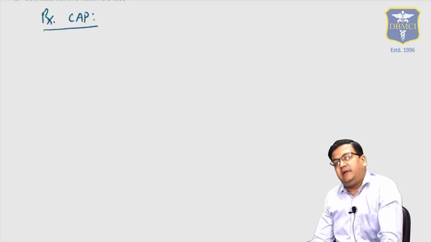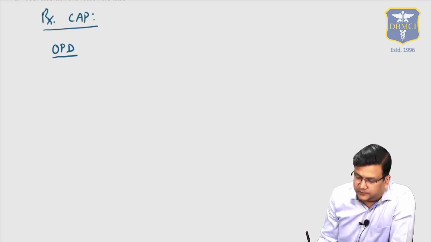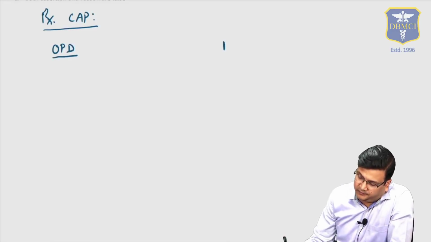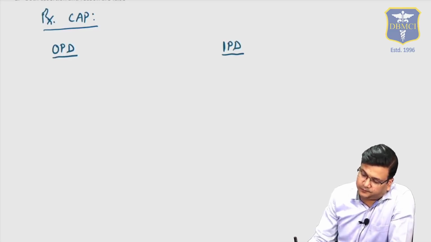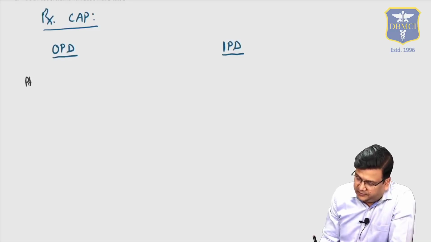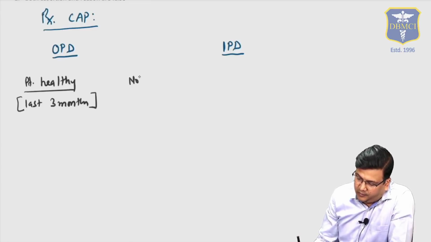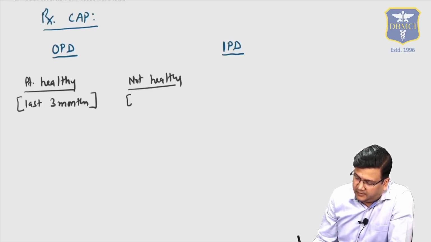Now this treatment can be divided into two parts. Number one, OPD treatment, outpatient treatment, and inpatient, admitted patient treatment. In outpatient also there are two parts, patient healthy in the last 3 months or patient not healthy in the last 3 months.